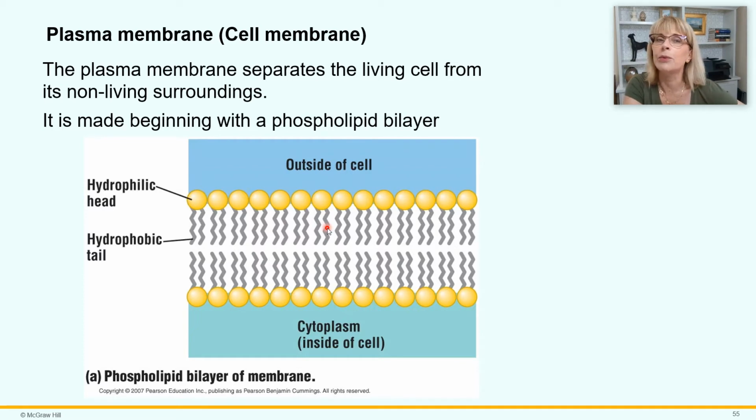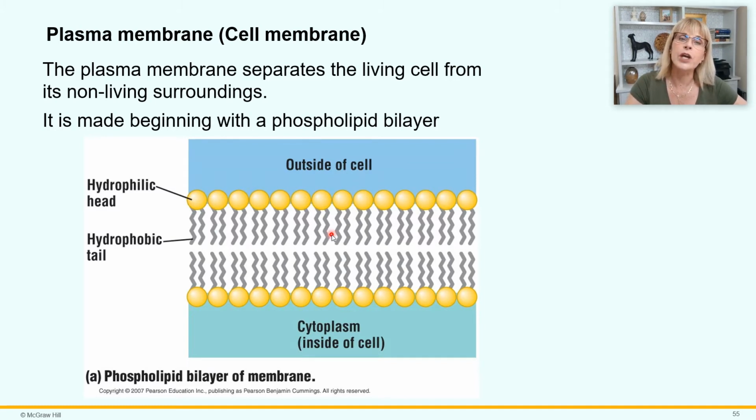By the way, question number 13 on the chapter 2 part of the study guide is, why are they described as amphipathic? They're described as amphipathic because they have one end, the heads, that are hydrophilic, and the other end, the tails, which I think look more like legs, which is hydrophobic.